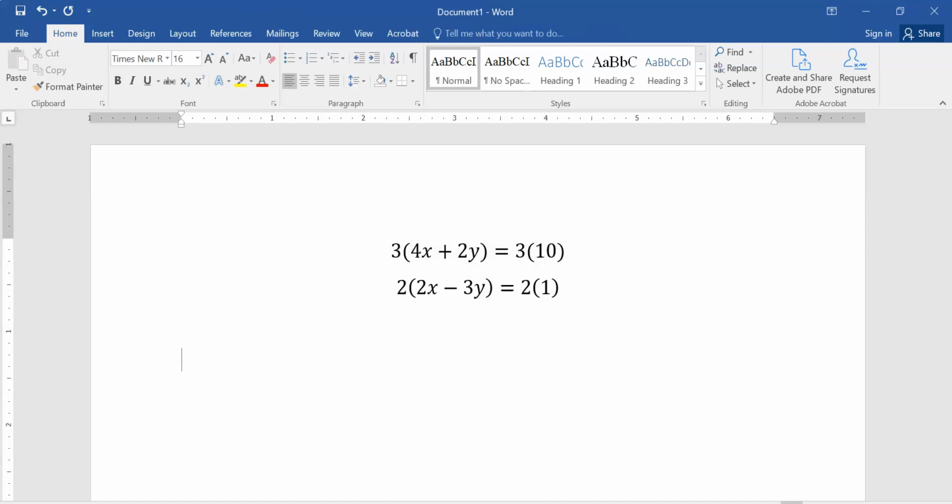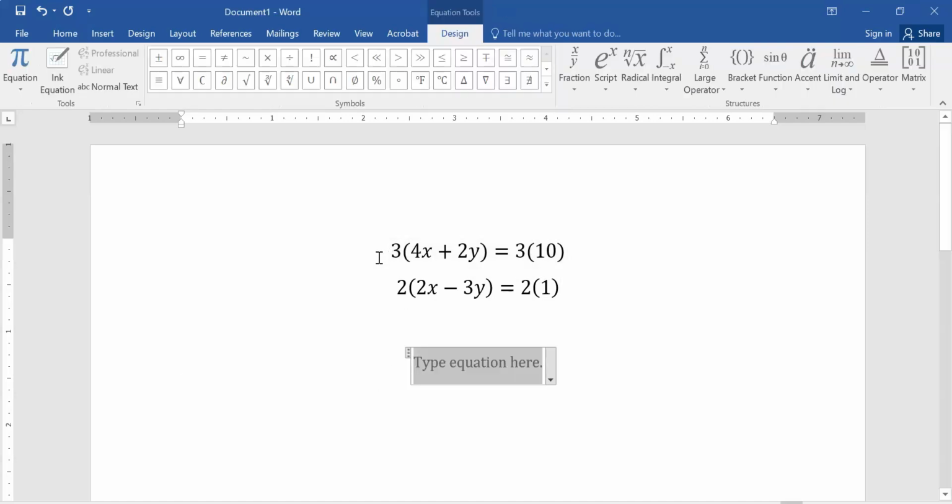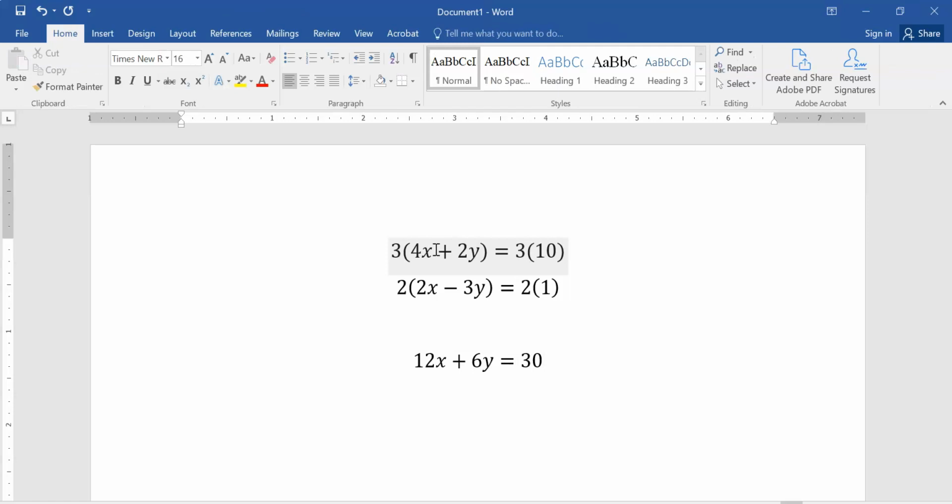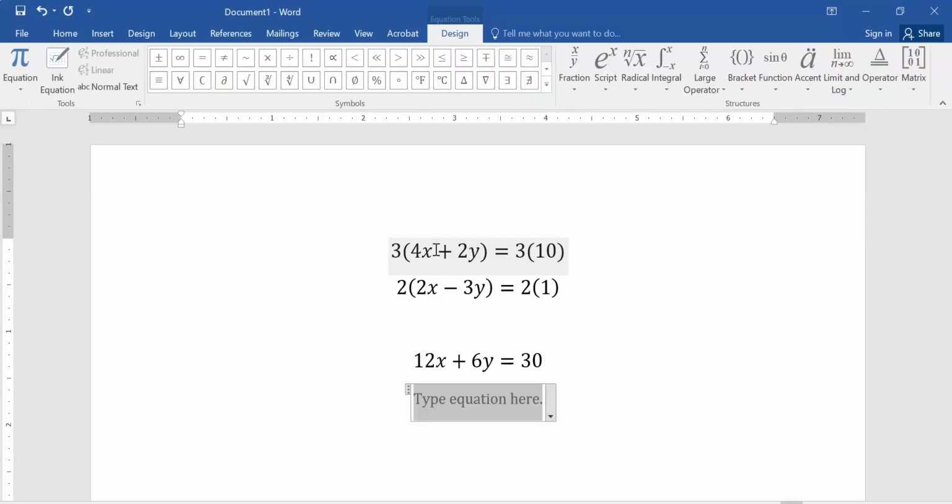So there we go. When you multiply, we end up with 12x plus 6y equaling 30 as my new first equation. And as my new second equation, we end up with 4x minus 6y equaling 2.